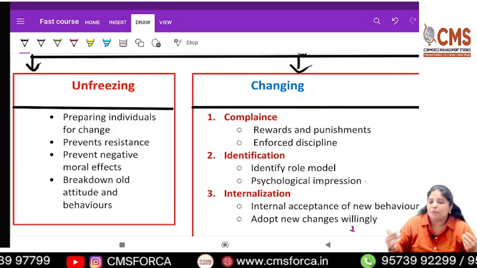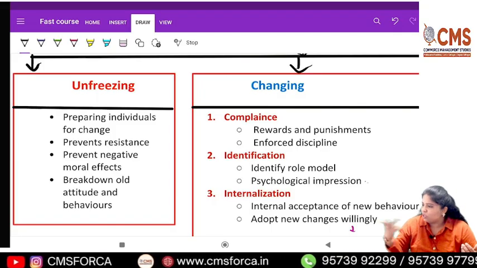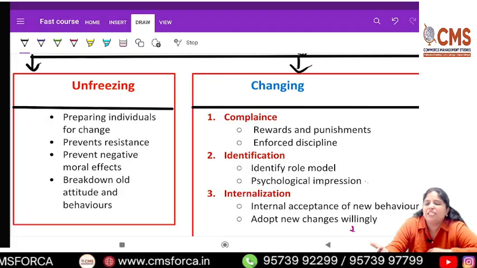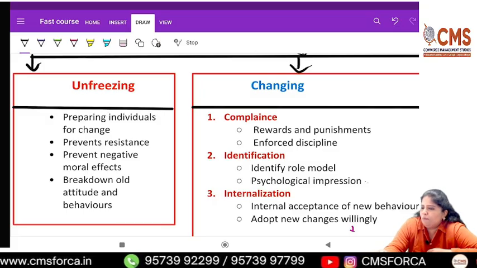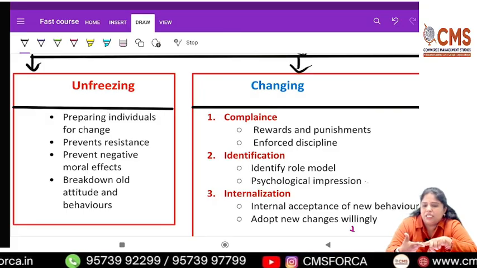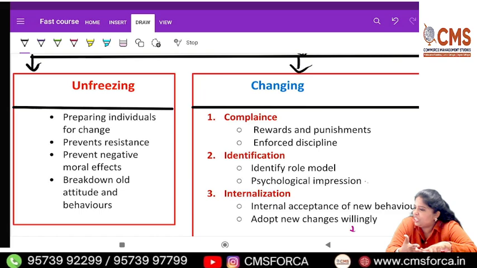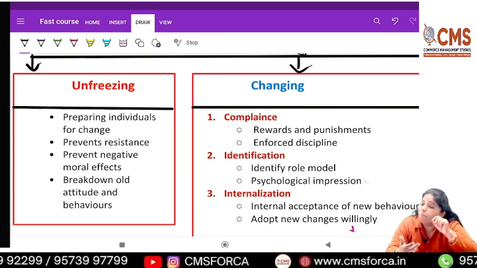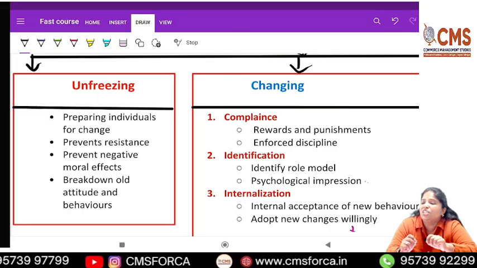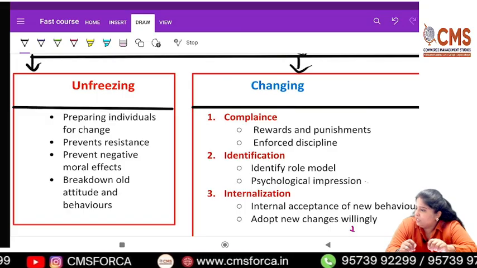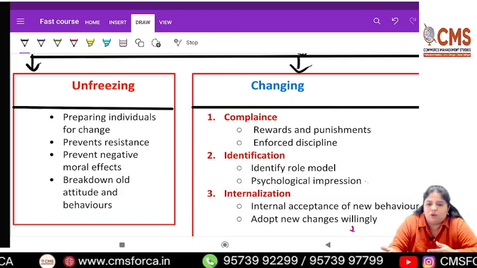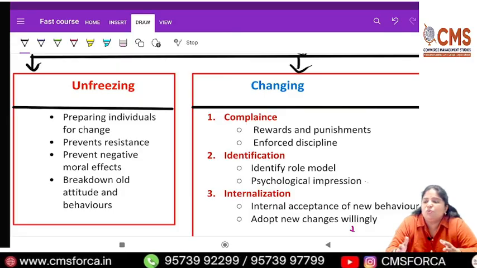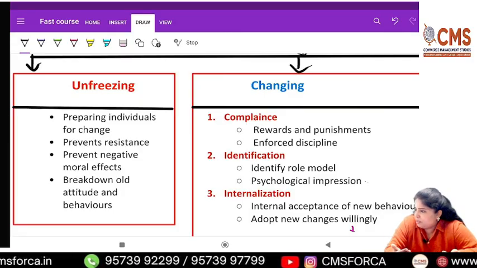So I should see some individual benefit, and I should also see some benefit to the organization. Without this awareness on why the change is done, what the benefits of the change are, why the organization must go for the change, and why the change is so important to the organization, employees won't accept it. Give this awareness and knowledge to the employees, then employees will willingly accept the change.